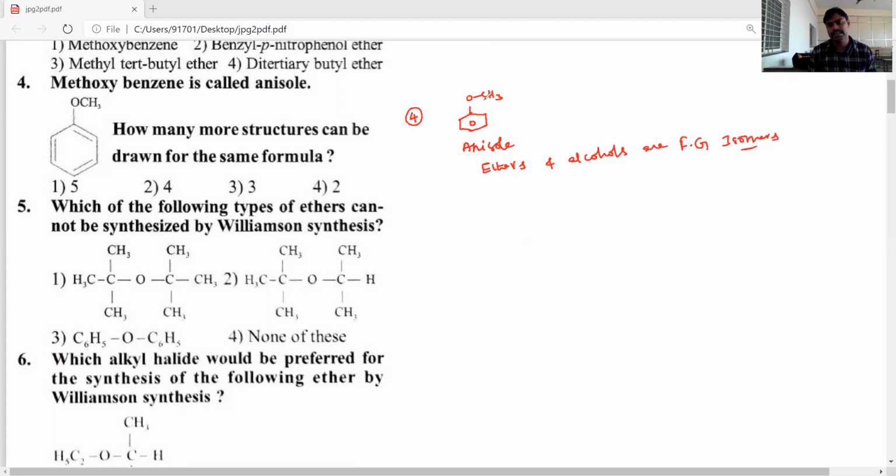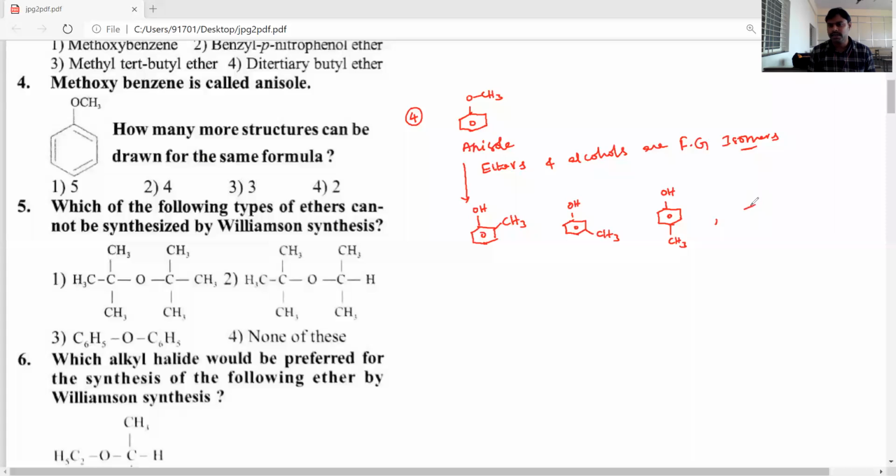So you can write the corresponding alcohols. Then we can arrange this OH group on the benzene ring with CH3 at the ortho position, meaning ortho-methyl phenol. The second possible structure has OH and CH3 at the meta position, meta-methyl phenol, and para-methyl phenol. These ortho, meta and para-methyl phenols are positional isomers.